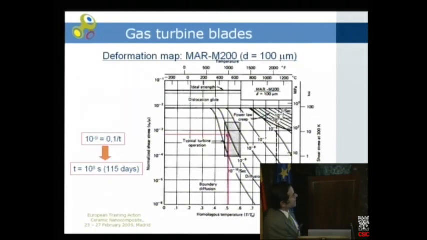But the problem is that in this condition, the micromechanism is diffusional flow, in which diffusion takes place along boundaries. So the problem to develop a better material than this one is just to decrease the number of boundaries. And the way to decrease the number of boundaries is to use the same alloy with a larger grain size.